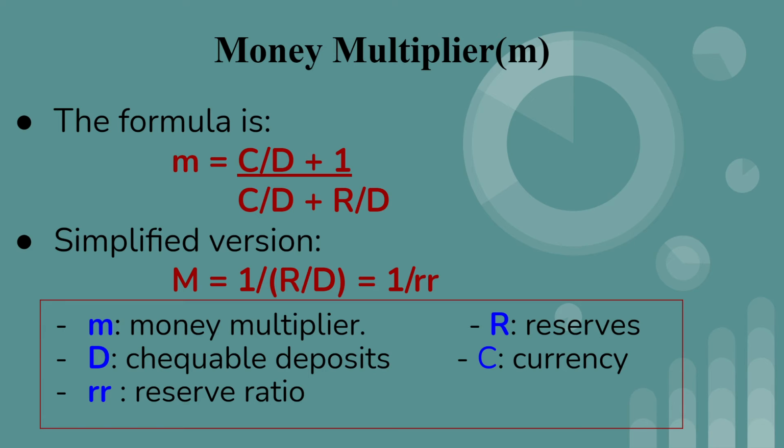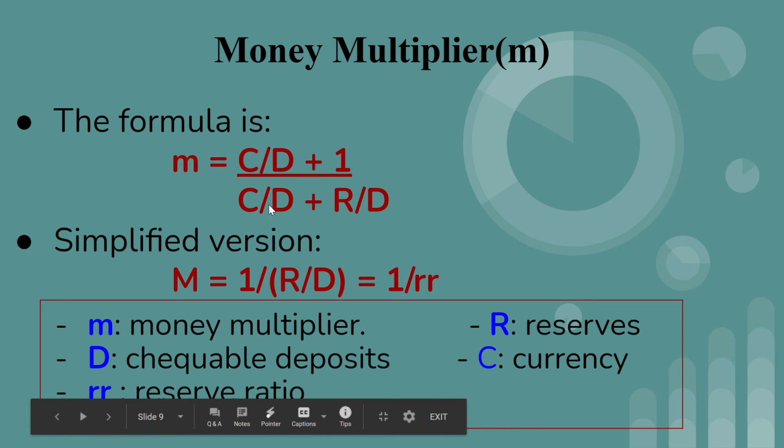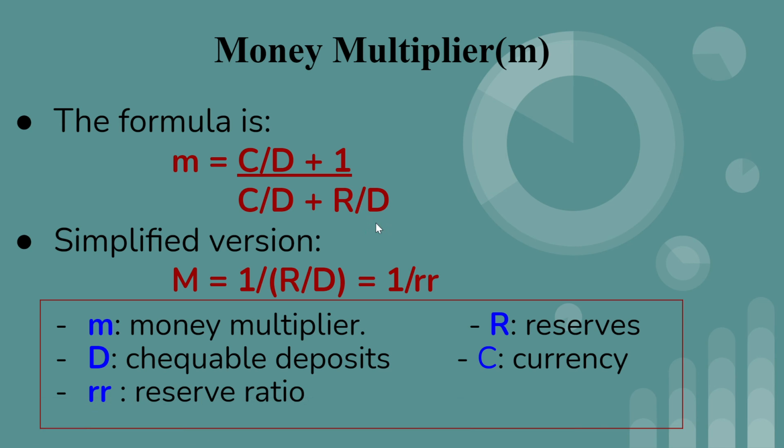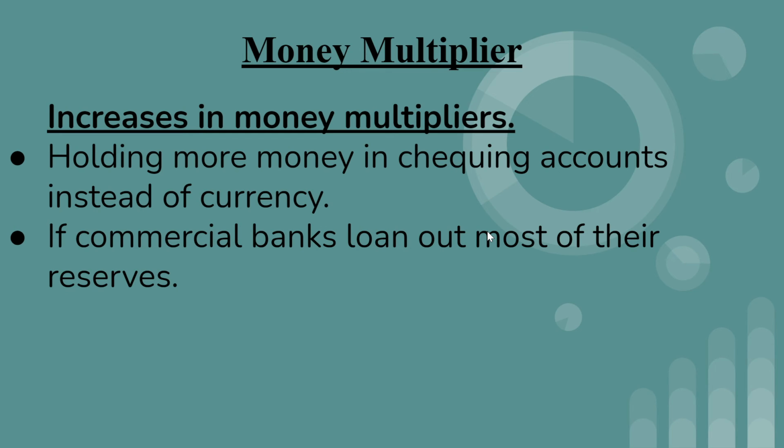And for the money multiplier, the formula is currency divided by checkable deposits plus 1, over currency divided by checkable deposits plus reserves divided by checkable deposits, where C is currency and D is checkable deposits. A simplified version is 1 divided by the reserve ratio. There are two things that increase the money multiplier: holding more money in checking accounts instead of currency, and commercial banks loaning out most of their reserves.